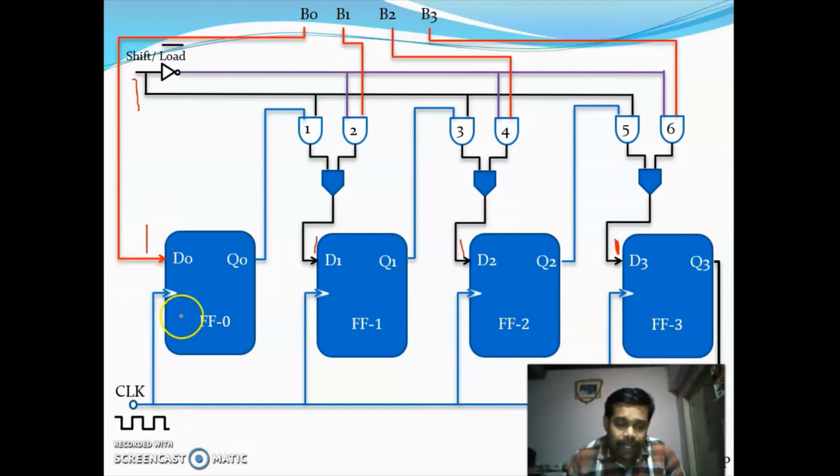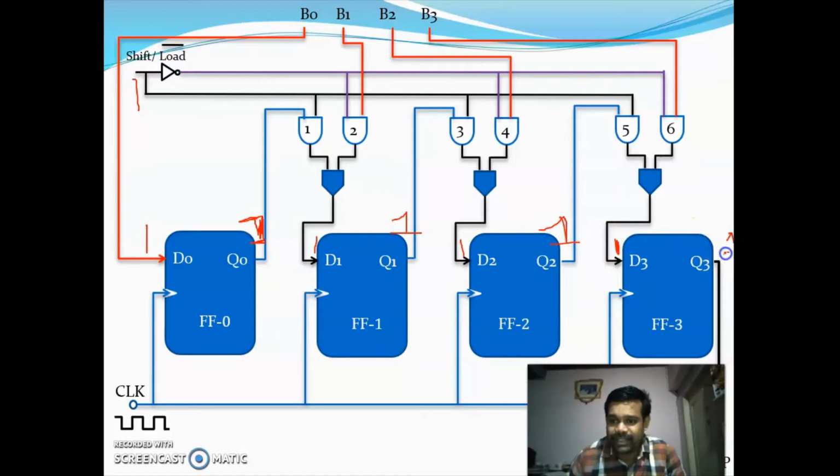Now I am applying the clock. During the first clock, this 1 will be shifted to here. I will write the shifted 1 like this. This 1 is shifted here, this 1 is shifted here, this one is shifted here, and this one is shifted here.